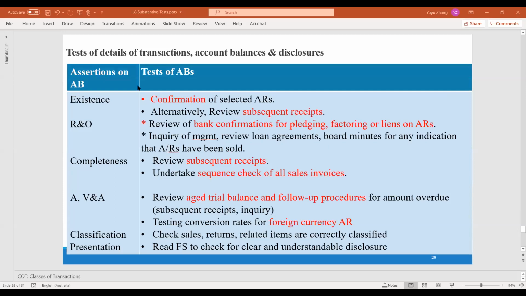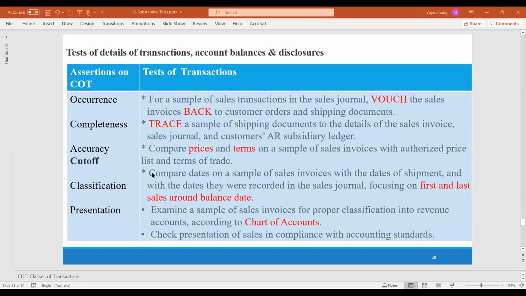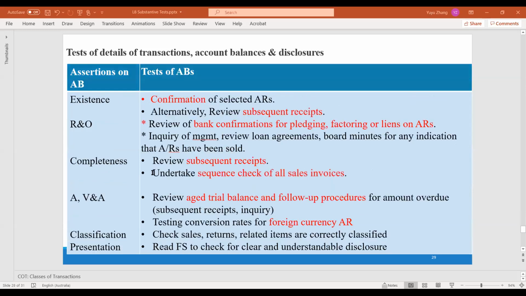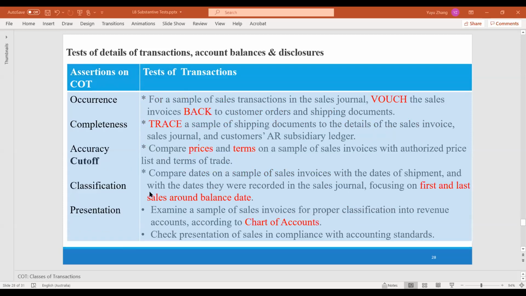Let me give you an example. For the accuracy assertion, if we just need one example, doing a mathematical calculation, summing up all the sales invoices, would be one correct example. But if you want to get sufficient appropriate evidence for the accuracy assertion, this wouldn't be sufficient, right?